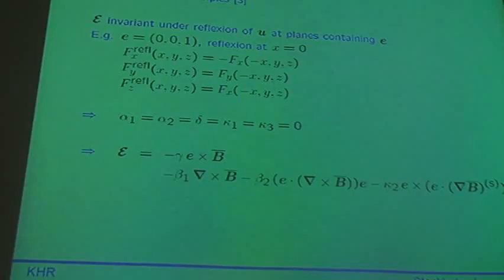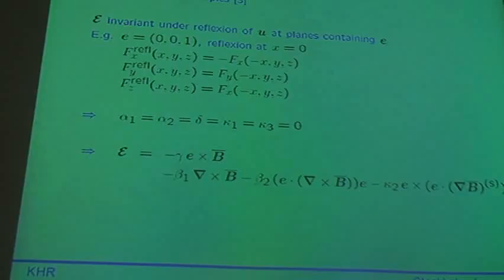Then consider such planes, and it is reasonable to assume that you have reflectional symmetry with respect to this plane. It is again an exercise to take the expressions which I showed you before and to show that under these circumstances 5 of the coefficients have to be 0. And we have this relation.